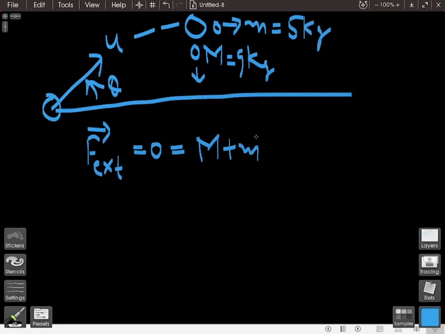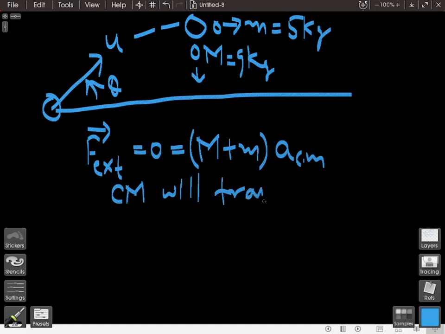Okay, so the total mass times the acceleration of the center of mass will be 0. So that means the center of mass will travel with constant velocity.